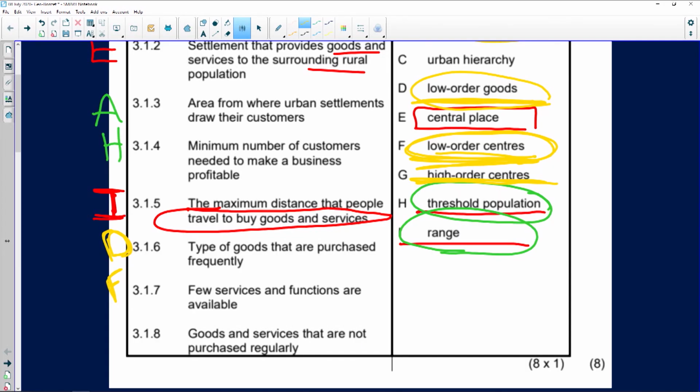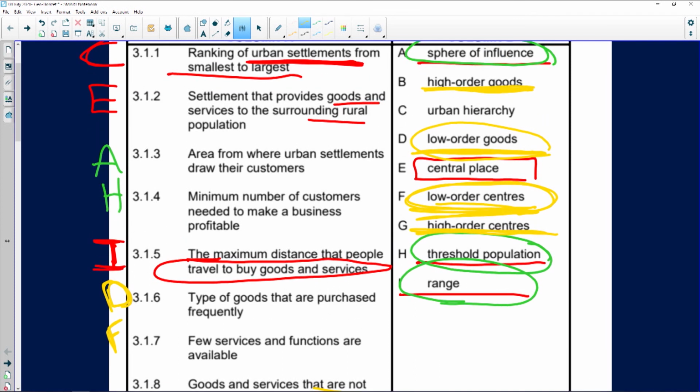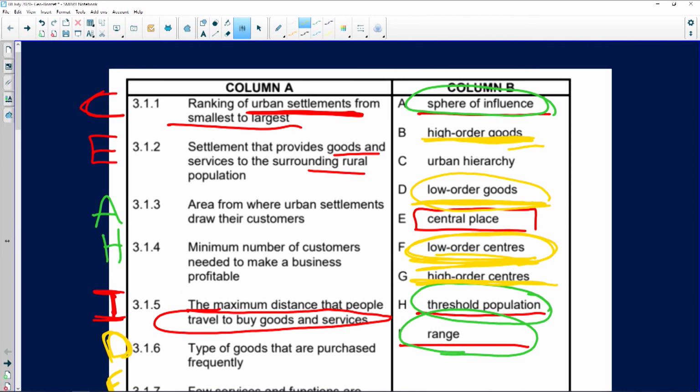Do you think people go and see brain surgeons on a daily basis, like your GP? Probably not, definitely not. So this type of goods and services, we can classify as not purchased regularly, once in a while. And the correct answer for that will be high order goods. Something that's very, very expensive. Hopefully I've cleared that up for you.